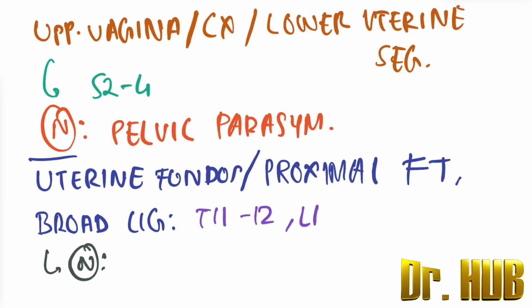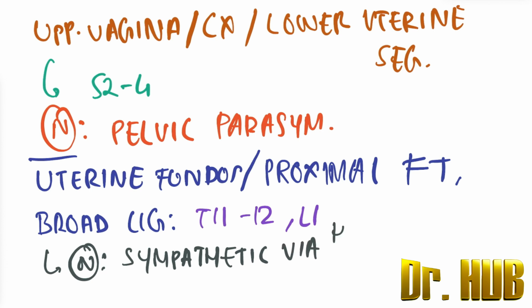Now what are the nerves which are involved? The nerve supply is sympathetic via the hypogastric plexus.